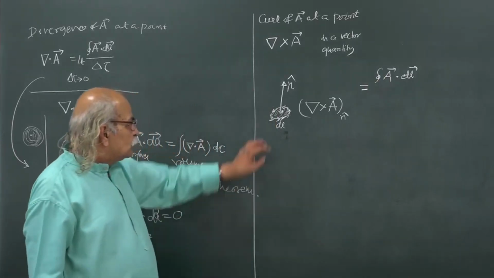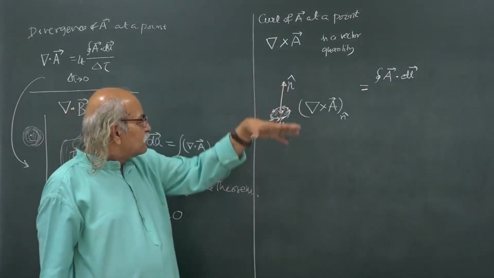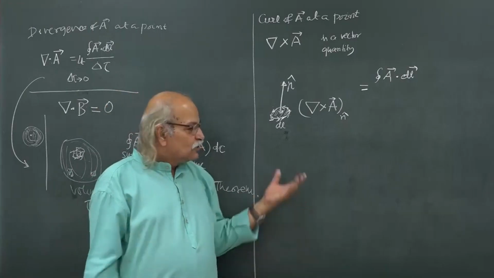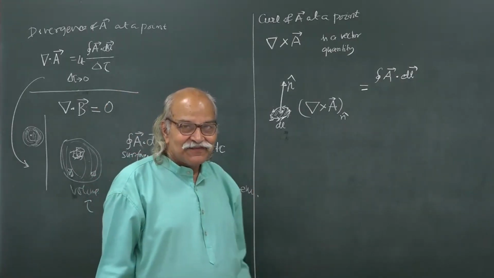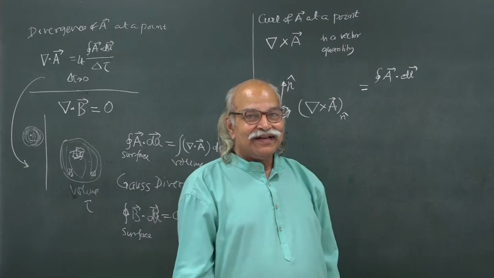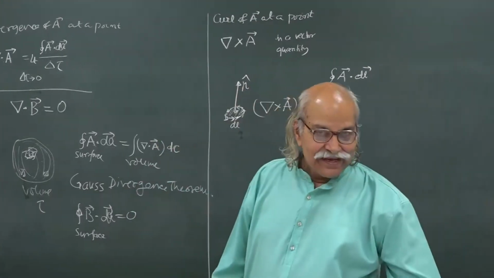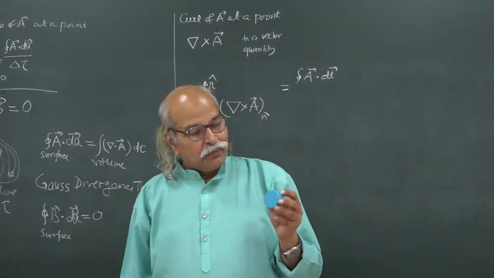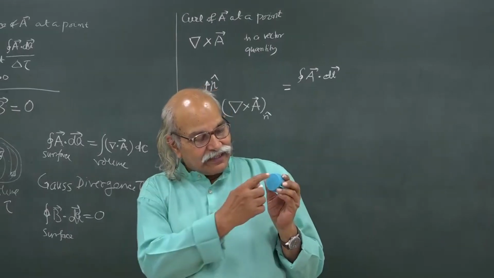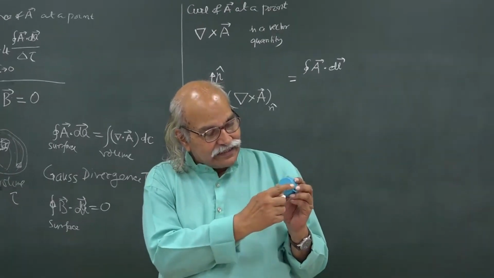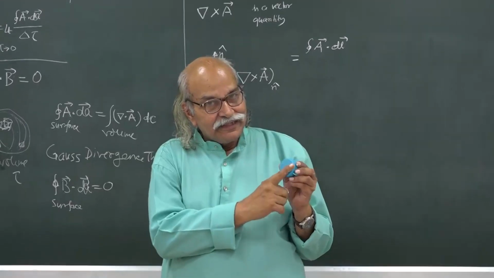Let me show you in a more explicit way, doing a three-dimensional picturization. Here I have a bottle cap, in fact, and this is a circle, here is an area.